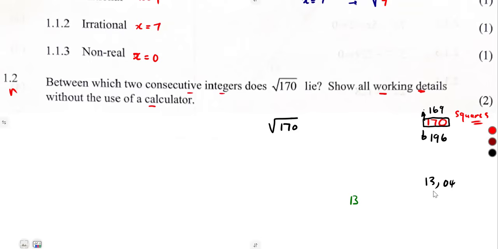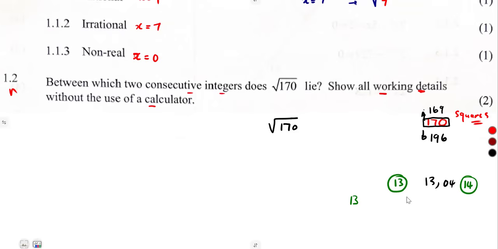So before 13.04, there is an integer, which is 13. And after 13.04, the next consecutive integer is 14.